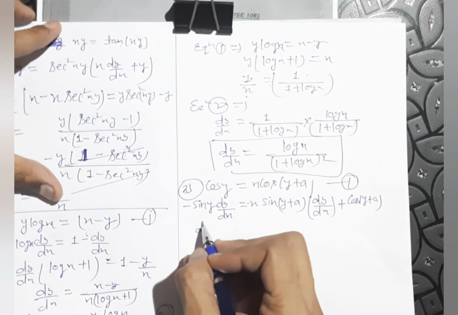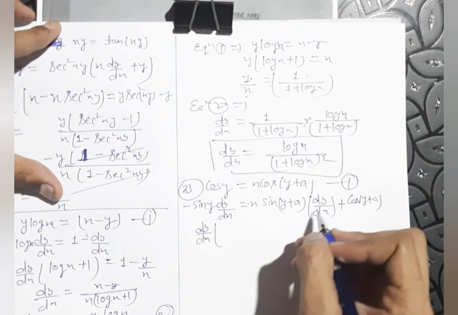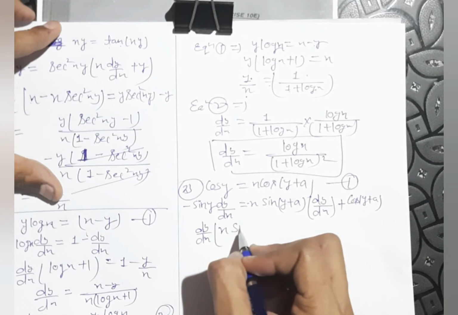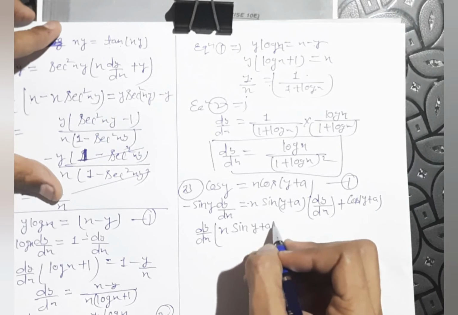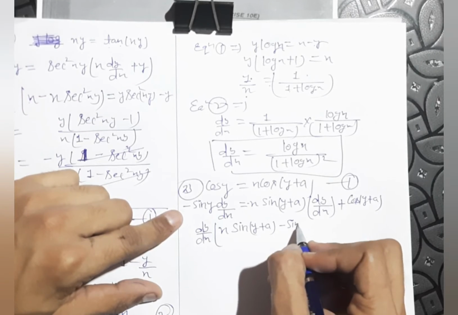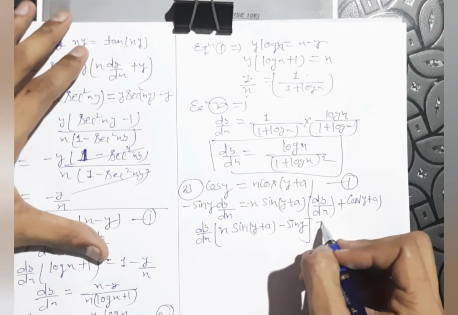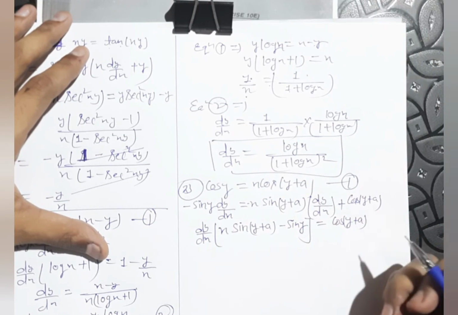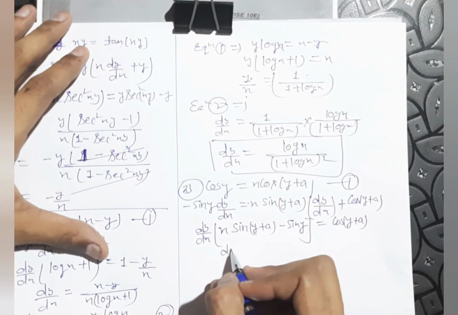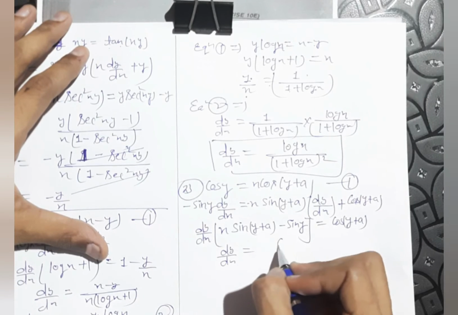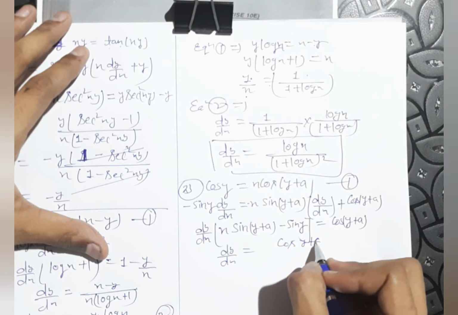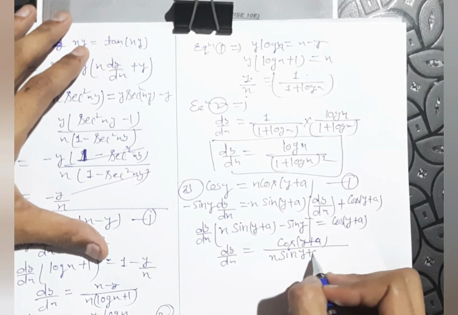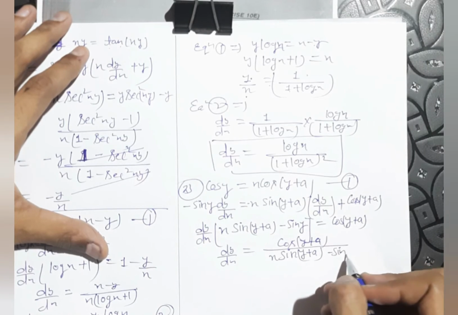Now dy/dx can be taken as common. So here this minus term will be of negative, sorry, positive. So this x is sin(a + y), and this is minus sin y, and equals, this is cos(a + y) only. Okay, so this is dy/dx equals cos(a + y) divided by x times sin(a + y) minus sin y.